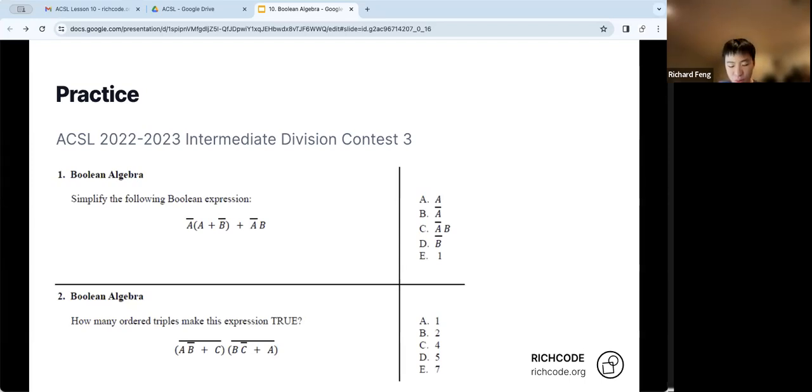Okay, now let's do question 1 together. So once again, we have parentheses here, so let's distribute.